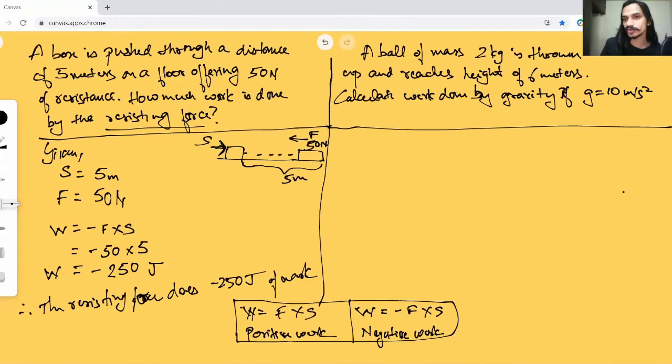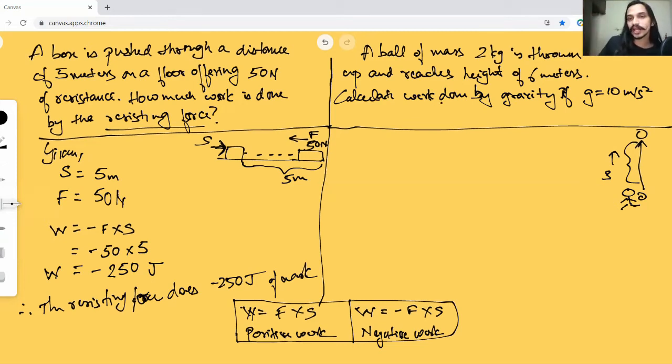All right, so let's look at this case. Someone has thrown a ball up 6 meters. So this displacement is in this direction S. Now, if this is the displacement, it means we are putting force in that direction, that is for us to throw.